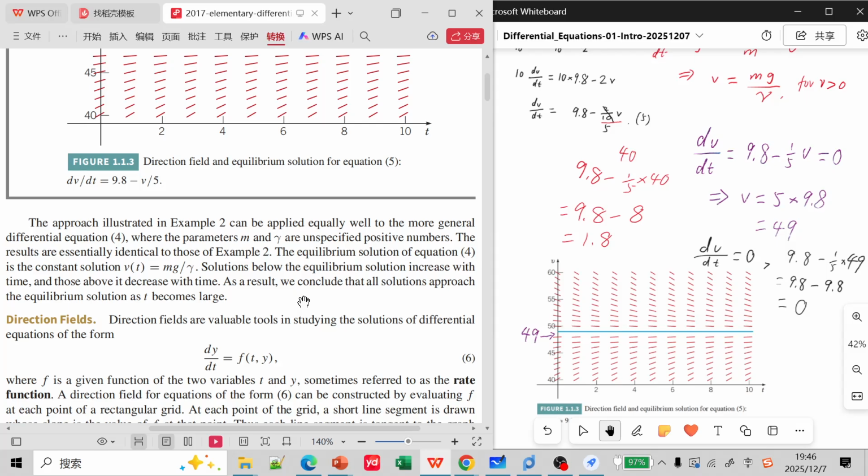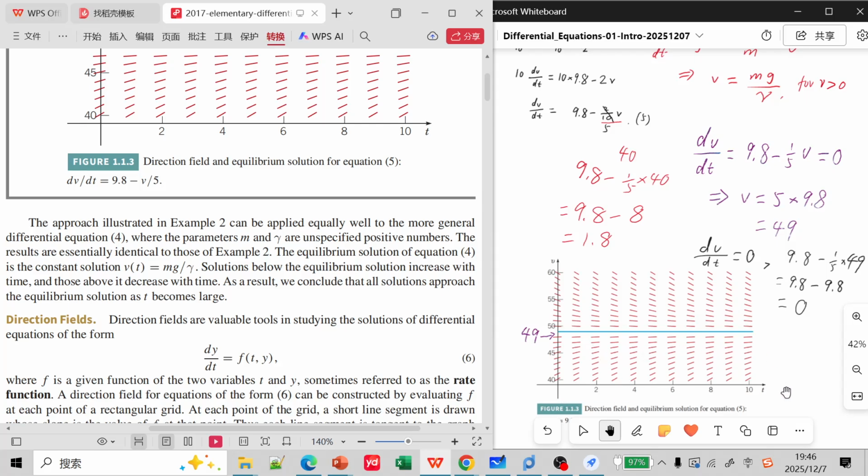As a result, we conclude that all solutions approach the equilibrium solution as t becomes large.